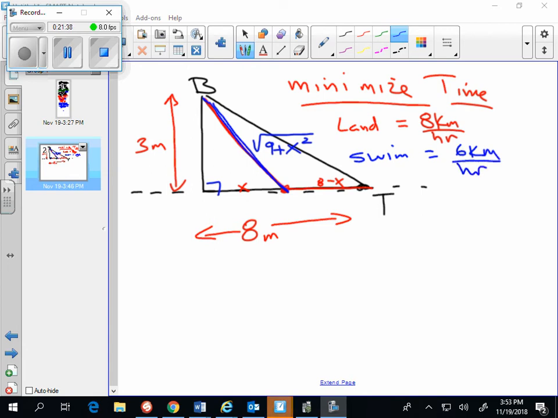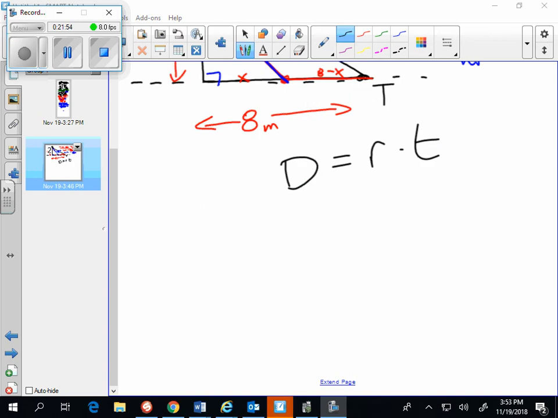Well, you may be saying, how does that help me, Mr. Kukla? I've got distances now, I've got these rates now, but you're telling me I need to minimize time. Sure. So remember from middle school, distance equals rate times time. Okay, we want to know what time is, so we divide both sides by rate. So time is distance over rate.